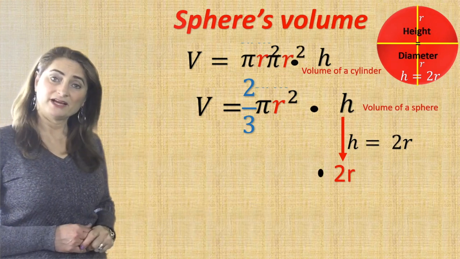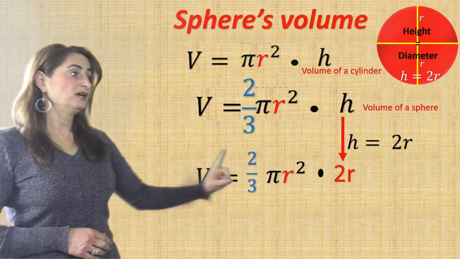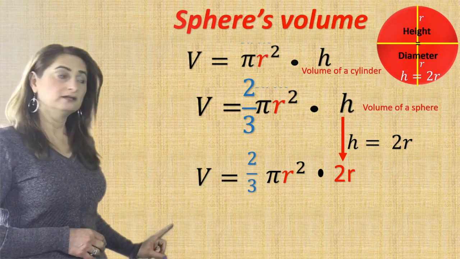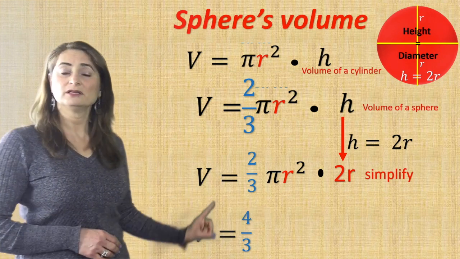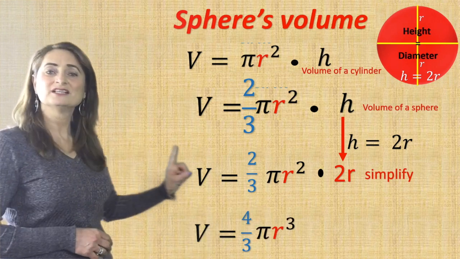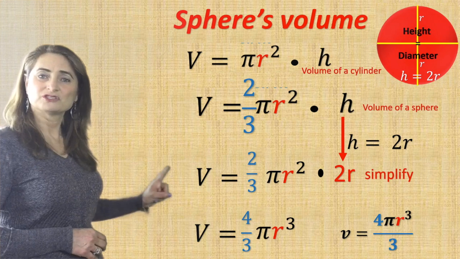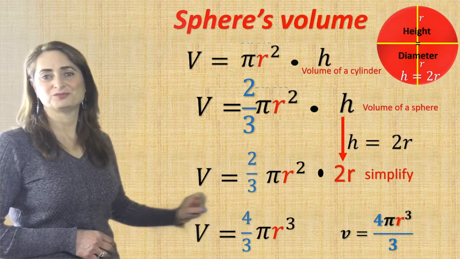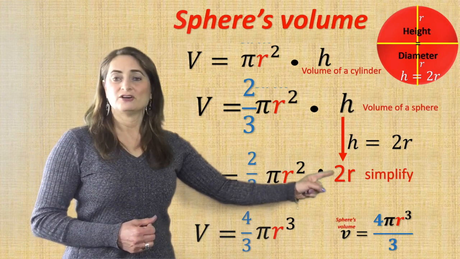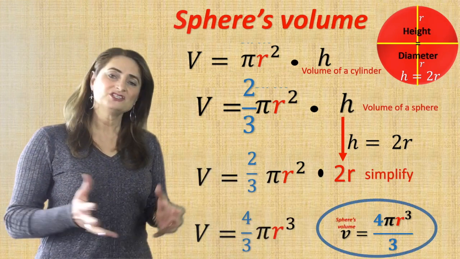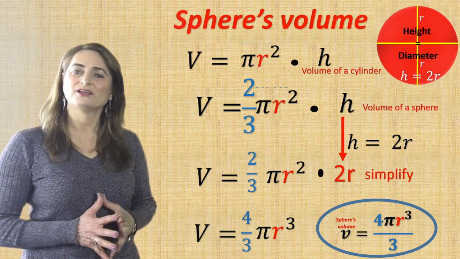Now simplify that equation. 2 times 2 is 4/3 times pi. Multiply r squared times r gives you r cubed. So this is the volume of a sphere, which is 4/3 pi r cubed. I can rewrite this equation as 4 pi r cubed, all divided by 3, just to make it easier for me to find the volume of a sphere.